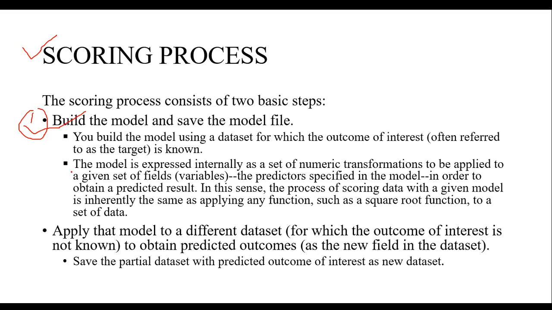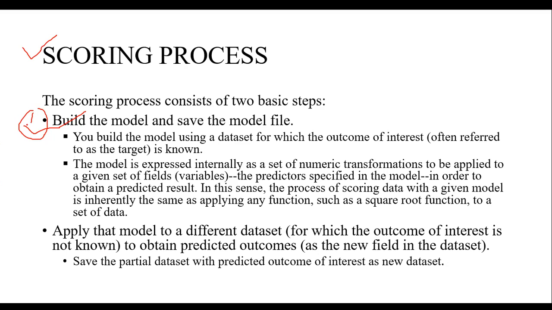In this sense, the process of scoring data with a given model is inherently the same as applying some function, like a square root function, to a set of data. Suppose a model is just for finding the square root; when you apply it, whatever square root has to be done, that mathematical transformation will take place when you score it.